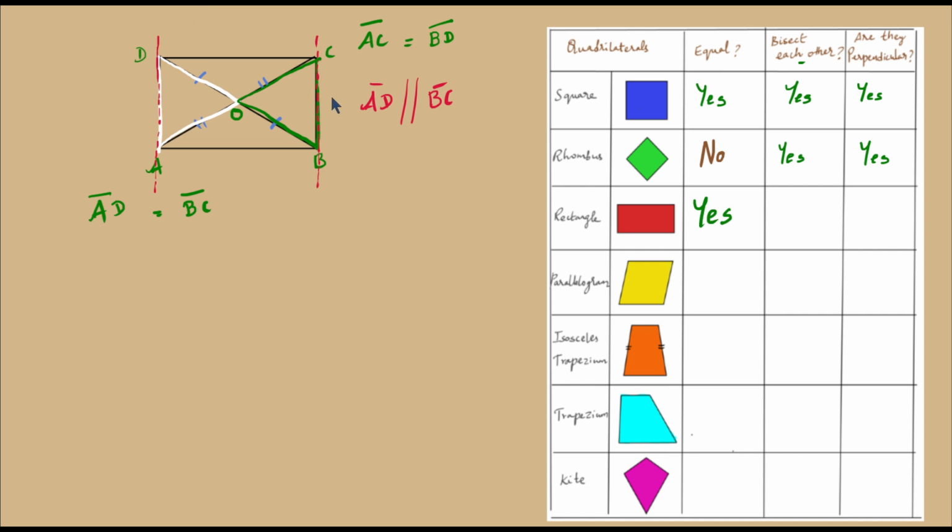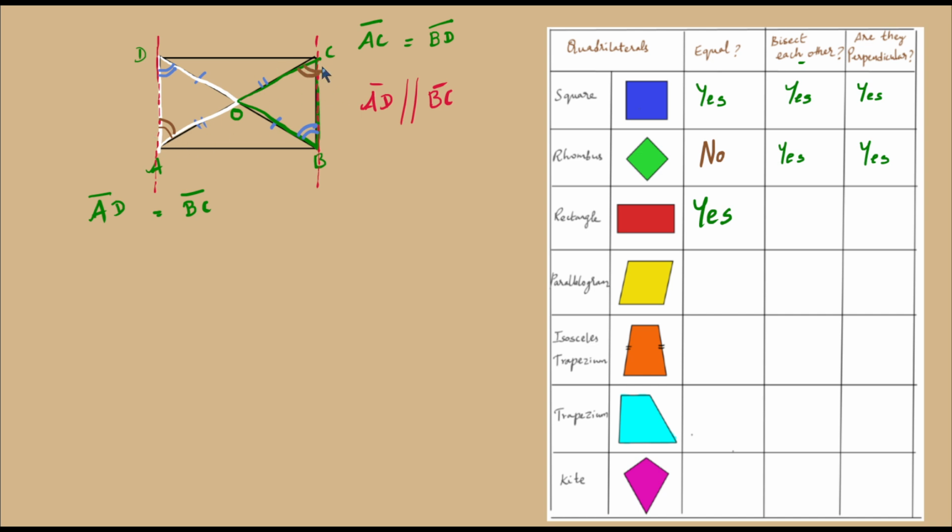In case of a pair of parallel lines, if there is a transversal, here if I consider the diagonal BD as the transversal, then the alternate interior angles would be equal. The angles which I am marking in blue, these two angles are equal to one another because AD is parallel to BC and we have considered BD as the transversal. Now if you consider AC to be the transversal, you will be getting two other angles to be equal, these two interior angles, right?